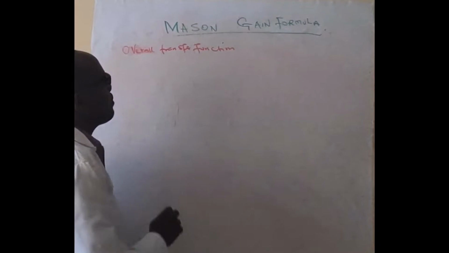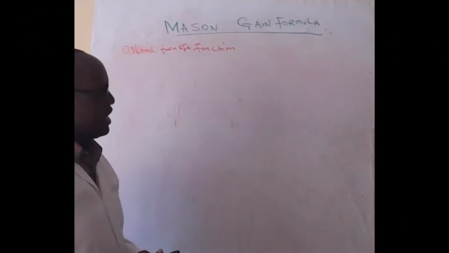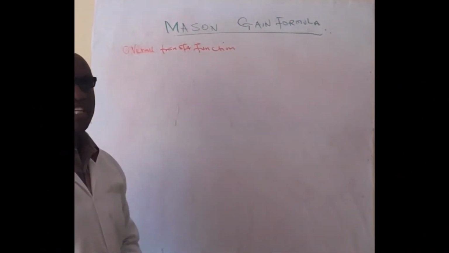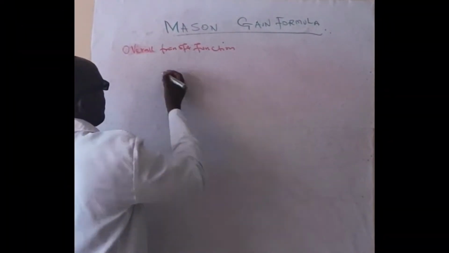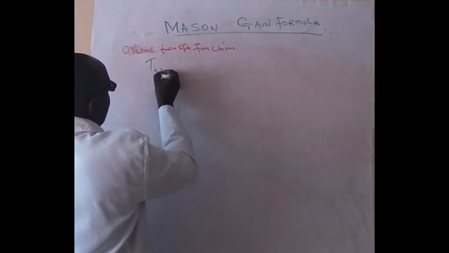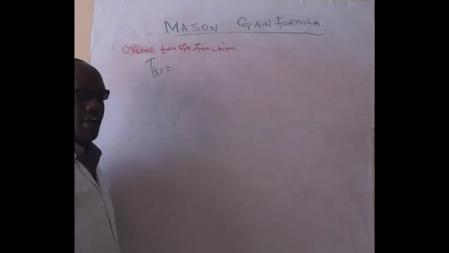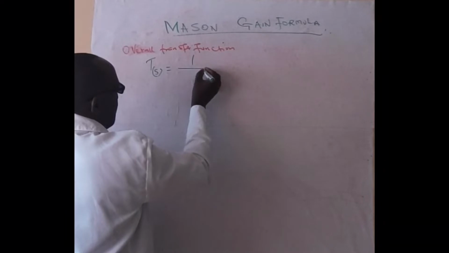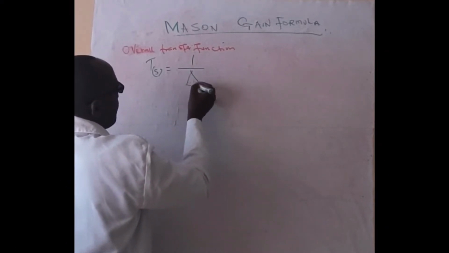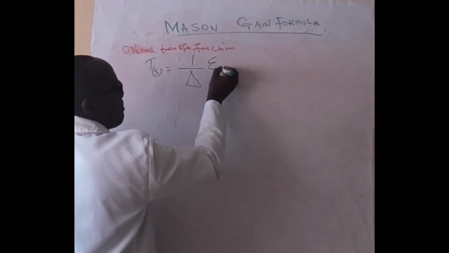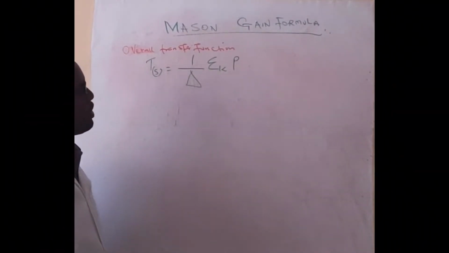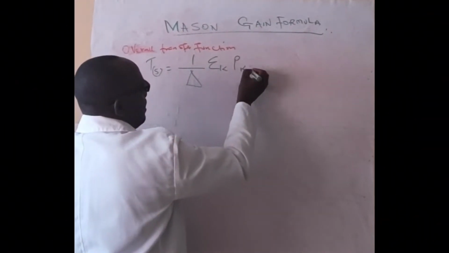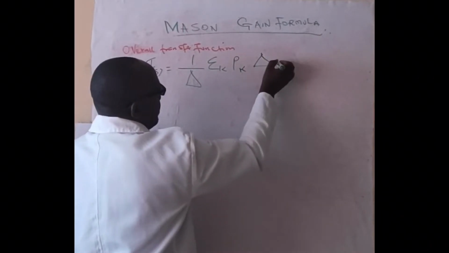So the overall transfer function based on this Mason gain formula states you can have T(s) to stand for the overall transfer function, which is equal to 1 over delta, the sigma, the gain of the forward path P_k, and delta_k.